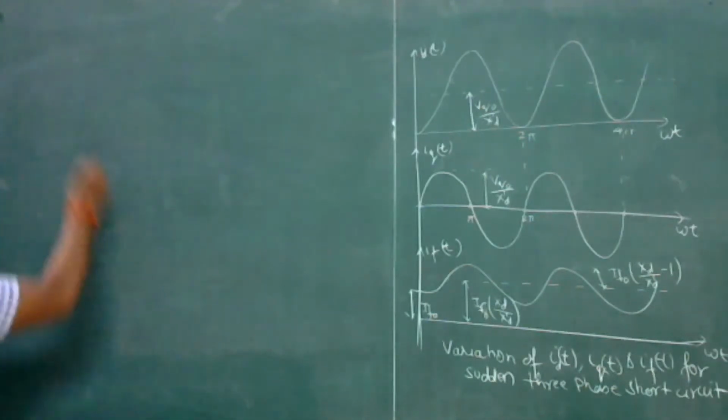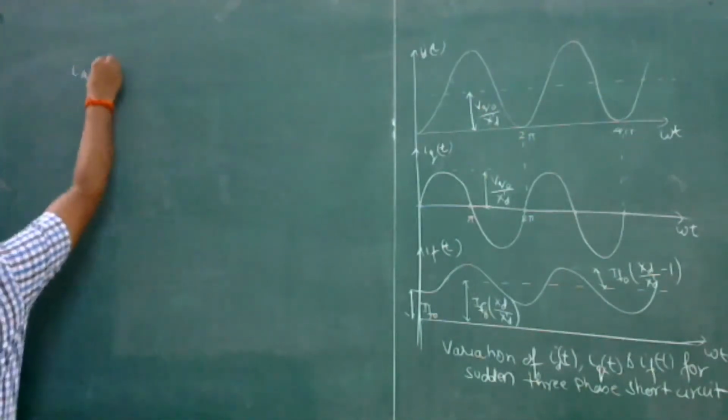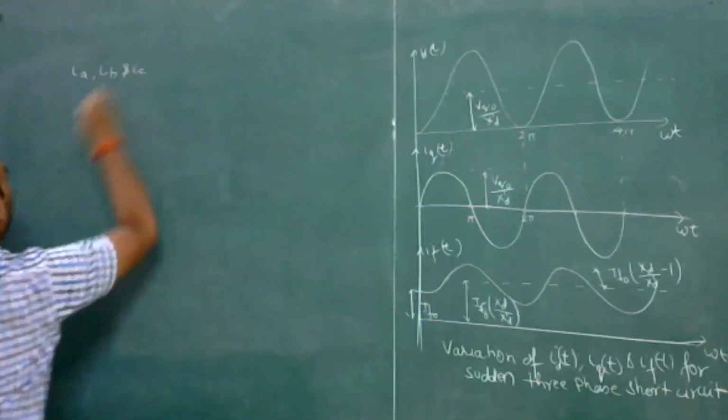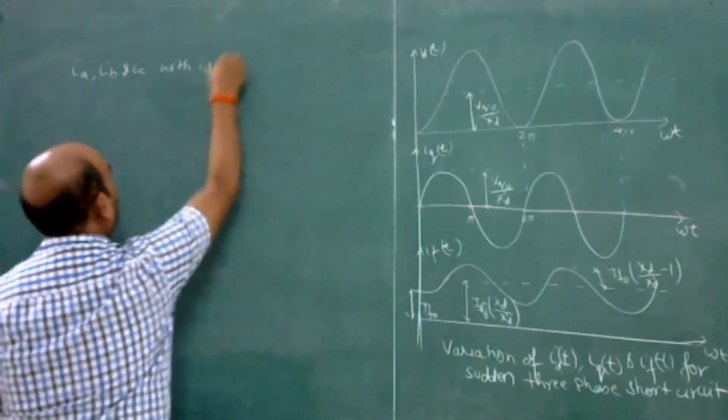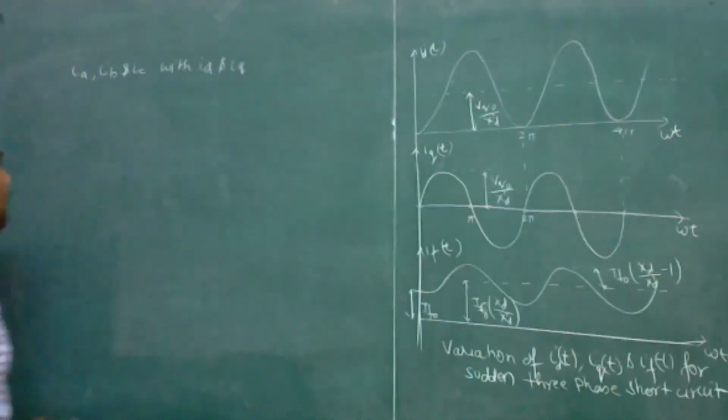The relationship between IA, IB, and IC with ID and IQ is given by Park's transformation.